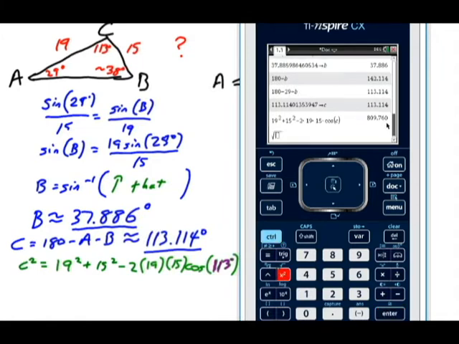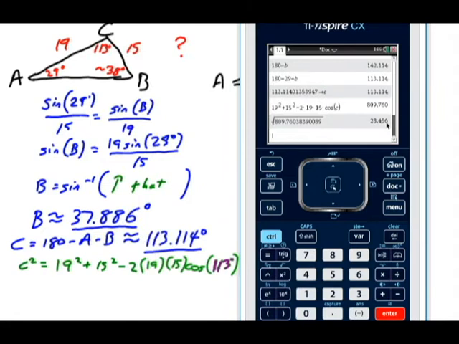Remember that that's c squared. And case 1 is now solved.